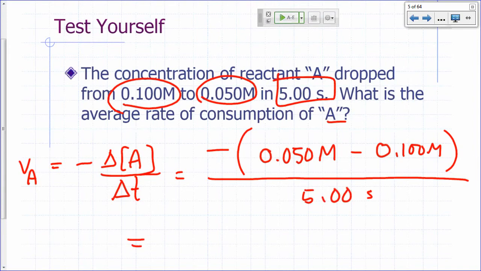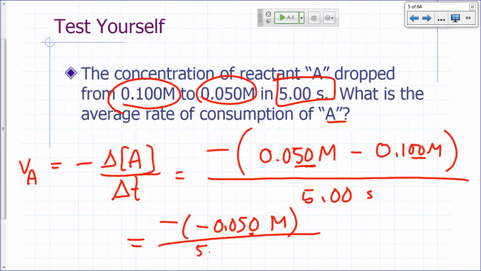So what would that be? Negative, negative, so that would be negative of 0.05 minus 0.1, which is negative 0.050. Okay, sig figs there. The last sig fig is the third digit after the decimal. Moles per liter divided by 5.00 seconds.